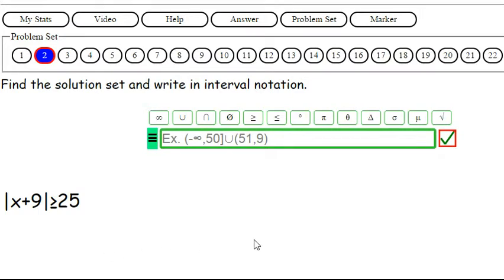Alright, so let's take a look at that. The absolute value of x plus 9 is something greater than or equal to 25.